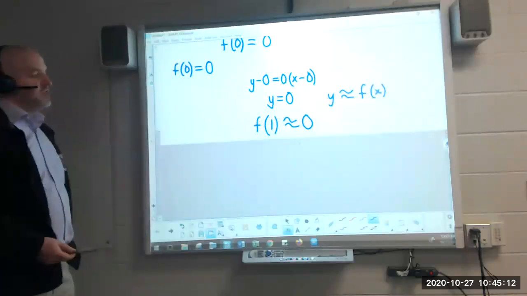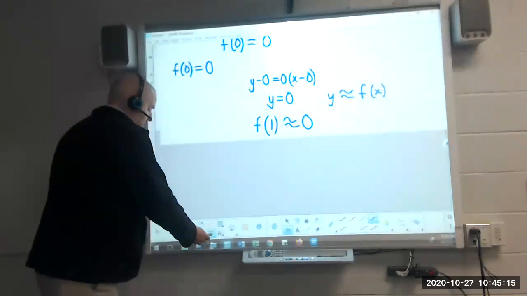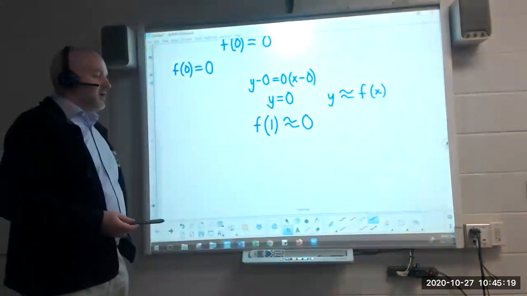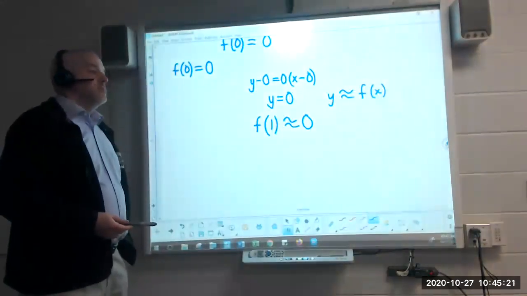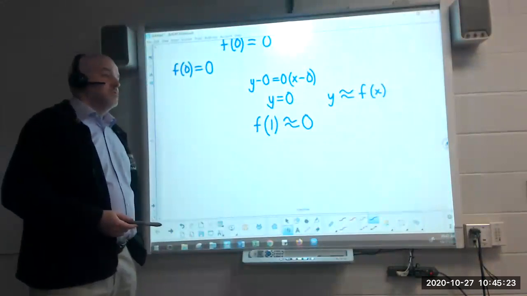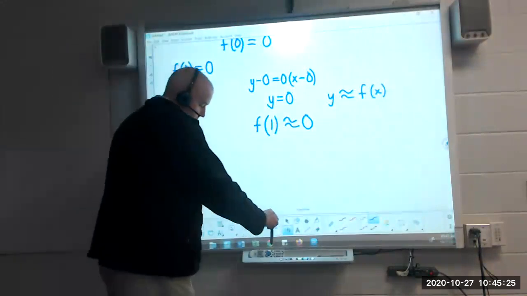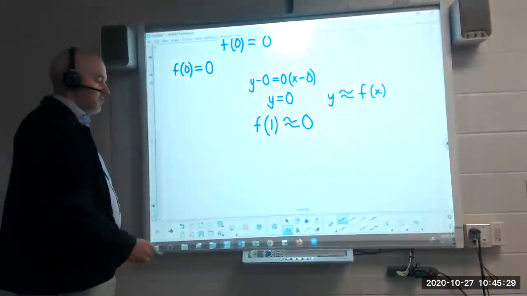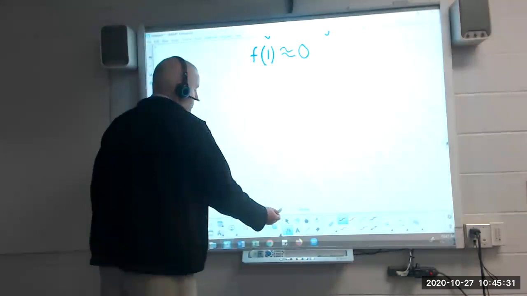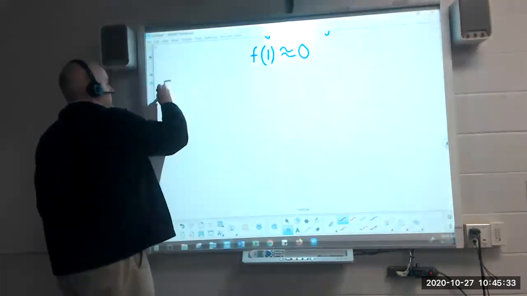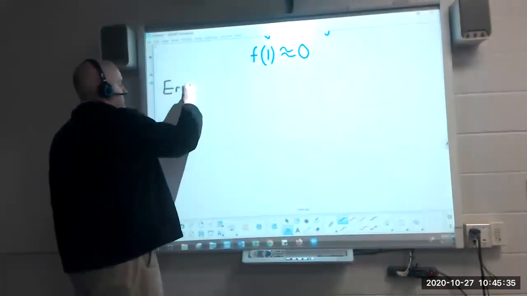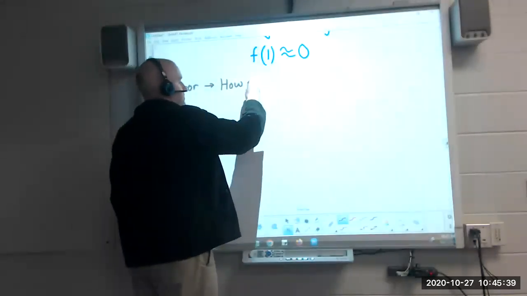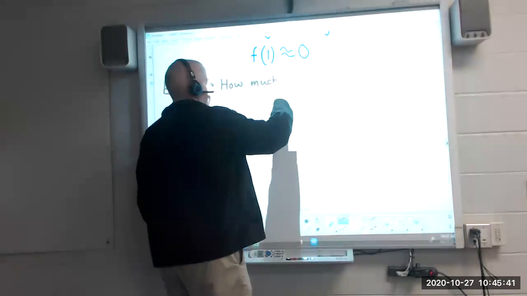So the question is, how close did we come? And the way we're going to figure that out is by thinking about the error. So you may be really used to calculating error in other classes than math, but error is the same thing all the world over. Error is always going to be, forever, how much are we off by?